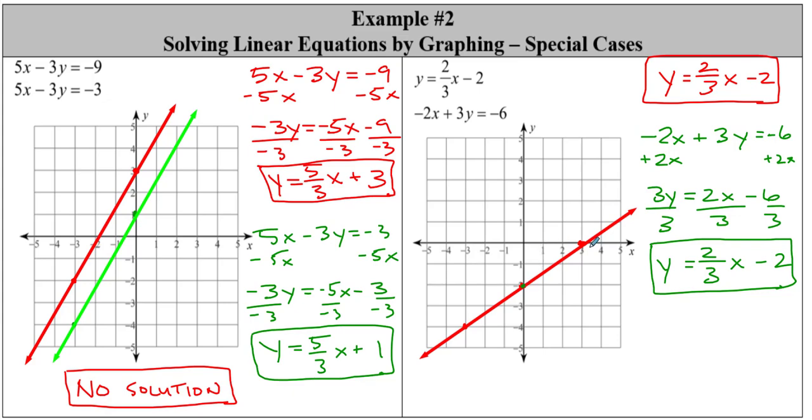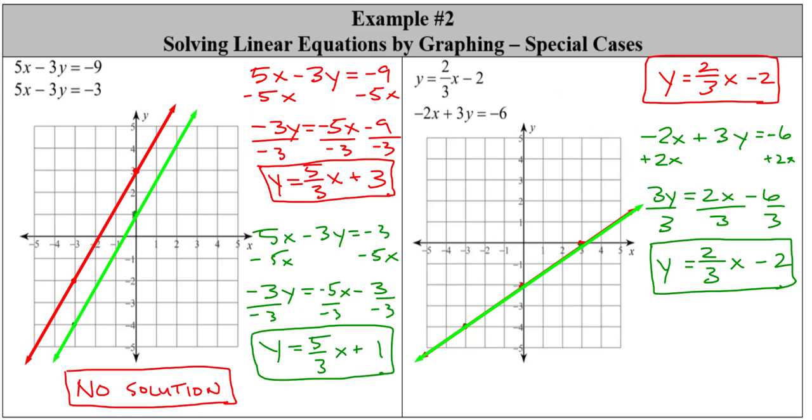I'd have a dot here, a dot here, a dot here, and I'd be drawing this line all over again, which in this case is kind of crooked. So these lines actually overlap entirely.